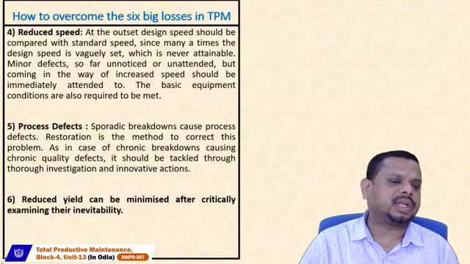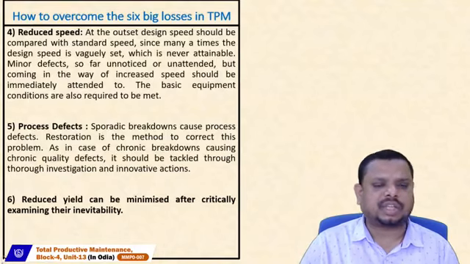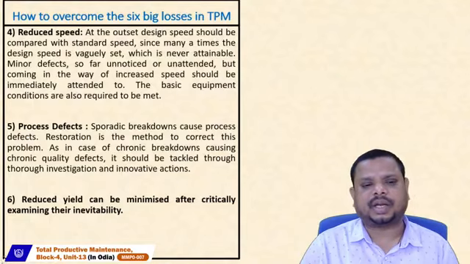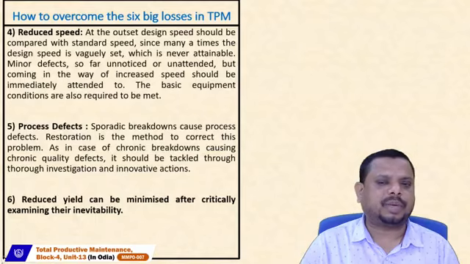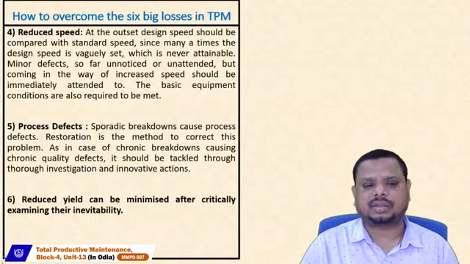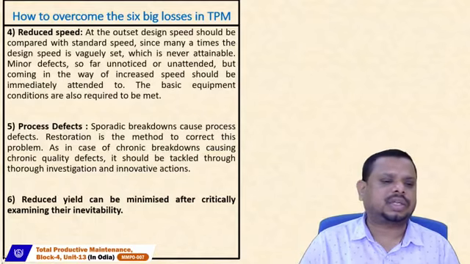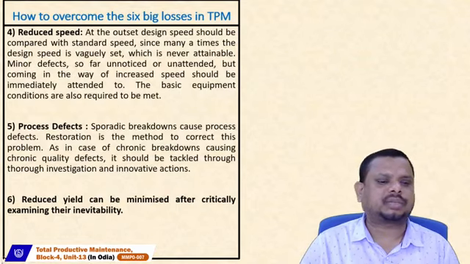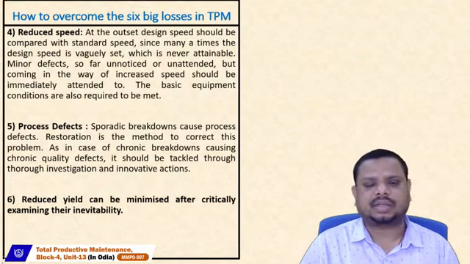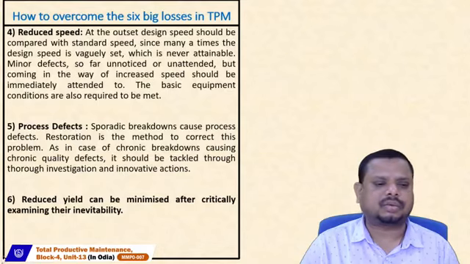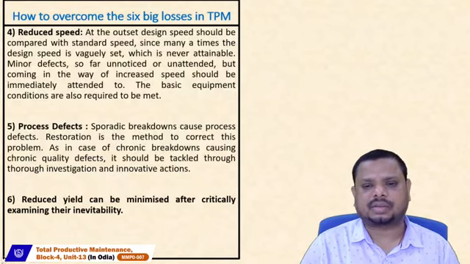The next one is process defects. As far as sporadic breakdowns that cause process defects are concerned, you have to immediately implement restorations, and restoration is the method to correct these problems. If you find chronic breakdowns which cause quality defects, they should be taken through investigation and innovative actions.